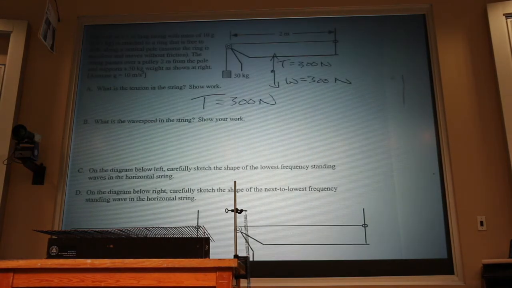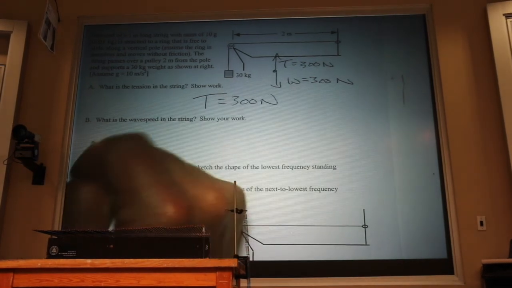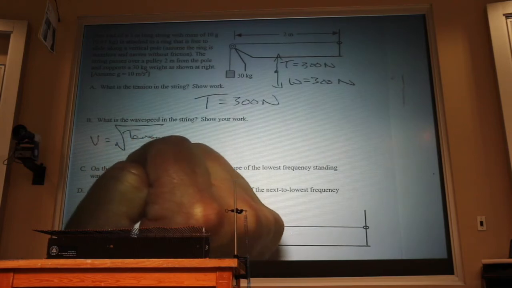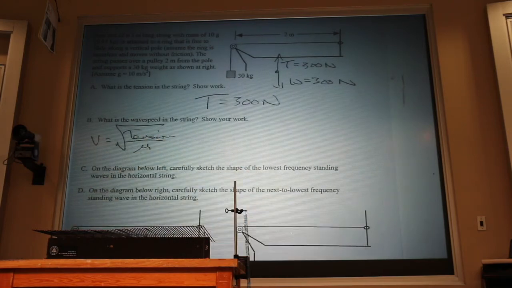Now the wave speed is given by the square root of the tension over the mass density.